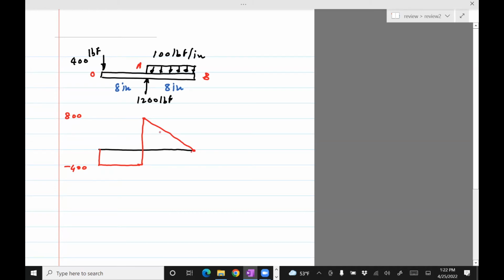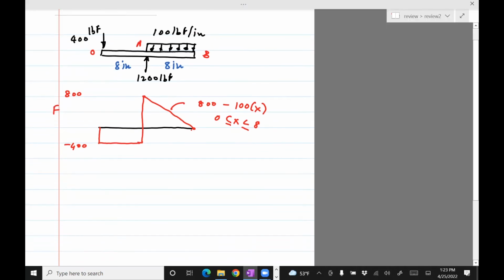You can figure this out by taking a cross section and then finding the shear force, which will be 100 times x, and then it's given by 800 minus 100 times x, where x will go from 0 to 8, right? So when it's 0, you have 800. When it is 8, you will have 0. So that's the shear force diagram, F.